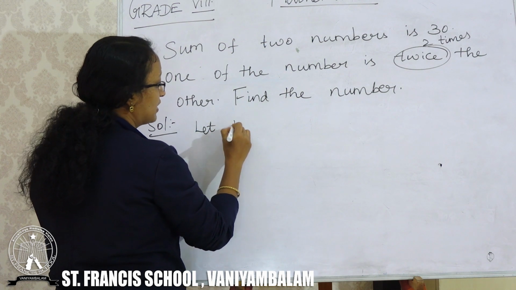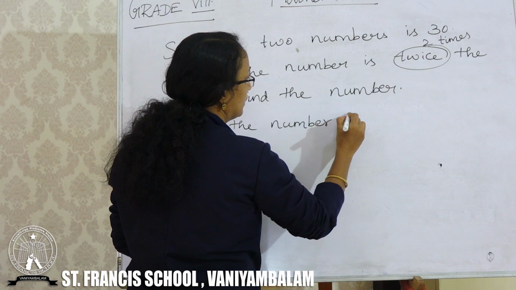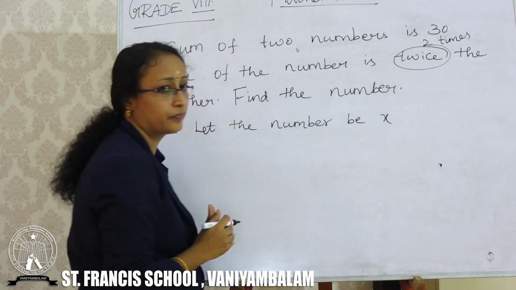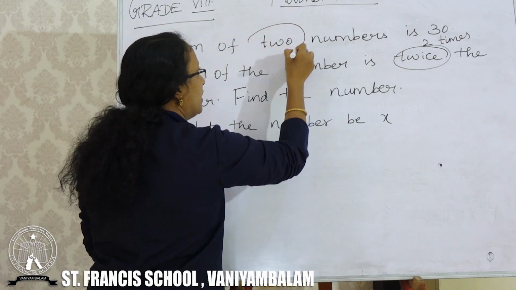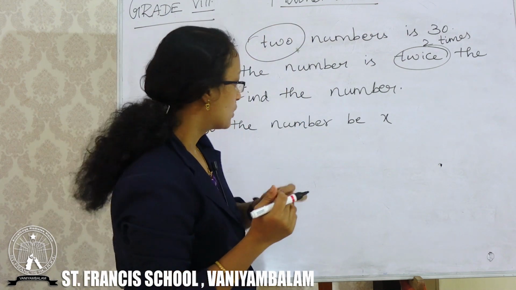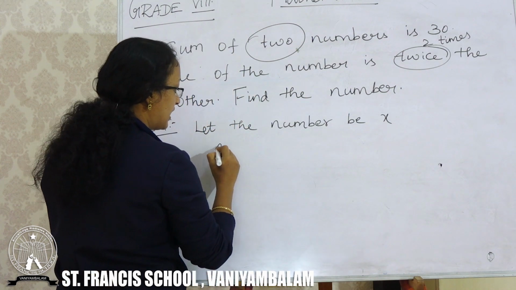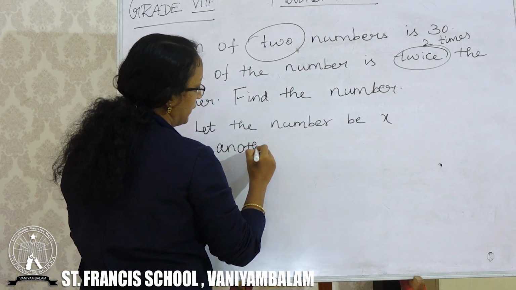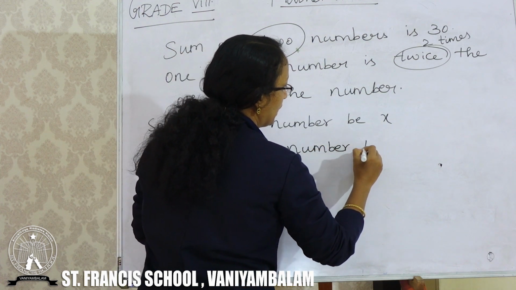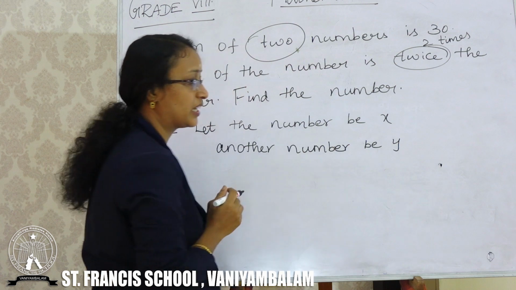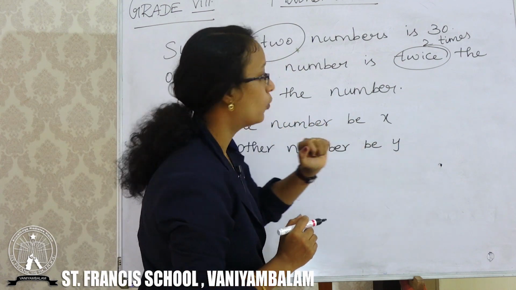So let the number be x. You need two numbers, right? So we took one number as x. Let us take the other number to be y. One number is x and the other number is y.